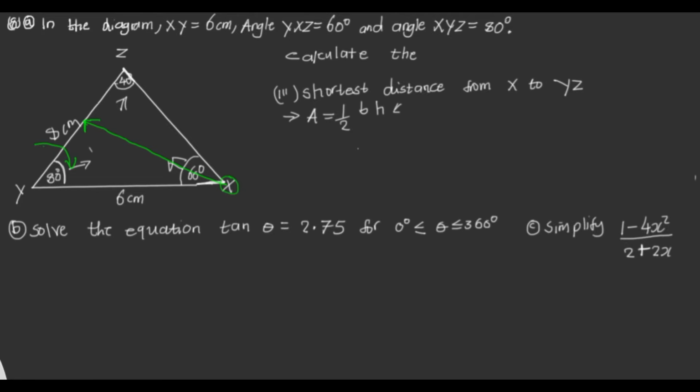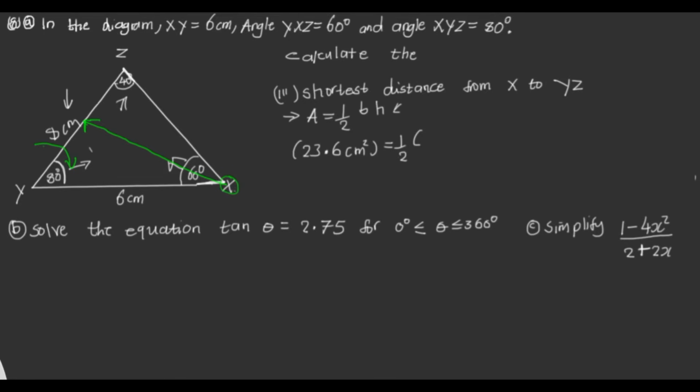Now we can do the substitution. The area we calculated to be 23.6 centimeters squared. The b is the distance where the line is touching.